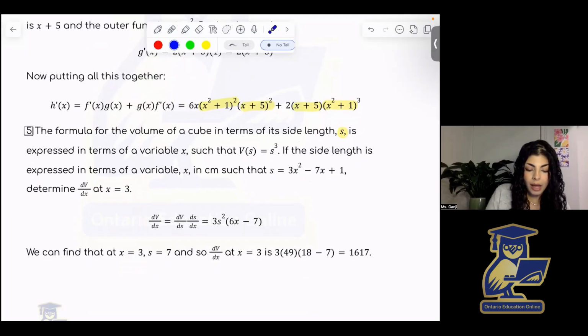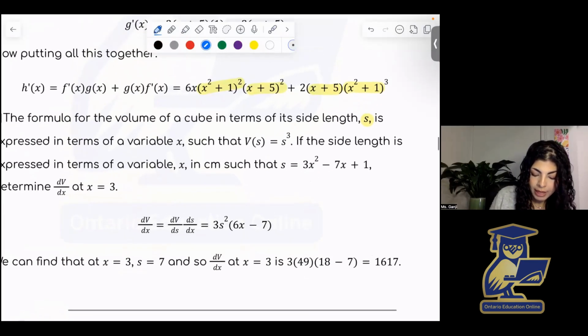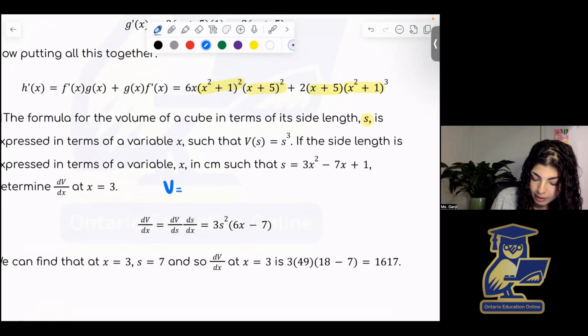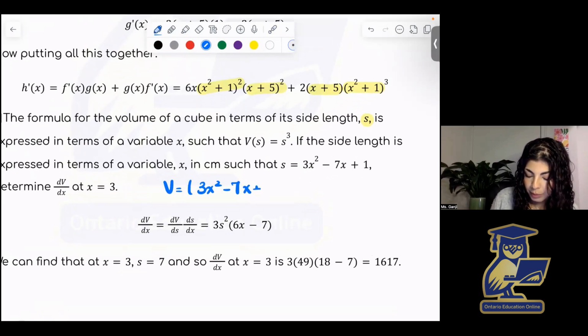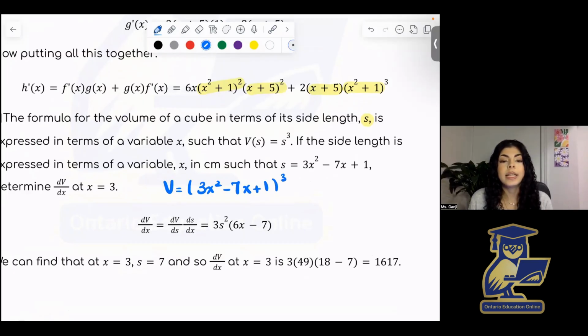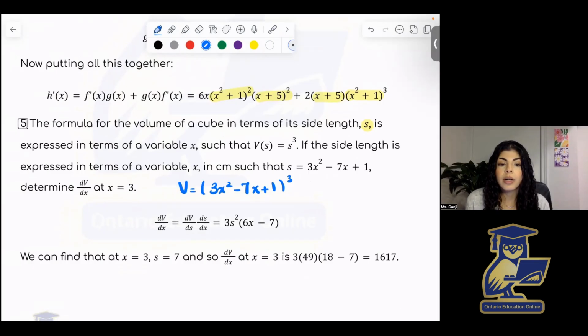So now, I'm sure you can see that V is 3x squared minus 7x plus 1 cubed, which is a composite function. And so we are using the chain rule to differentiate.